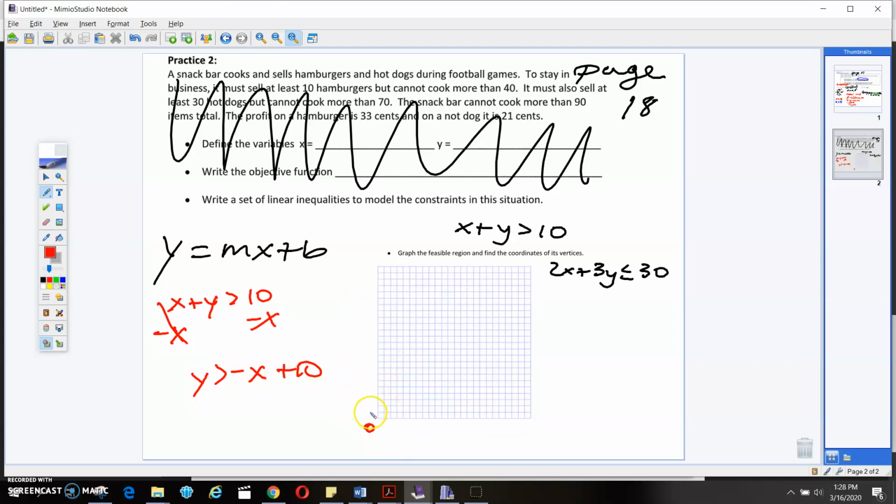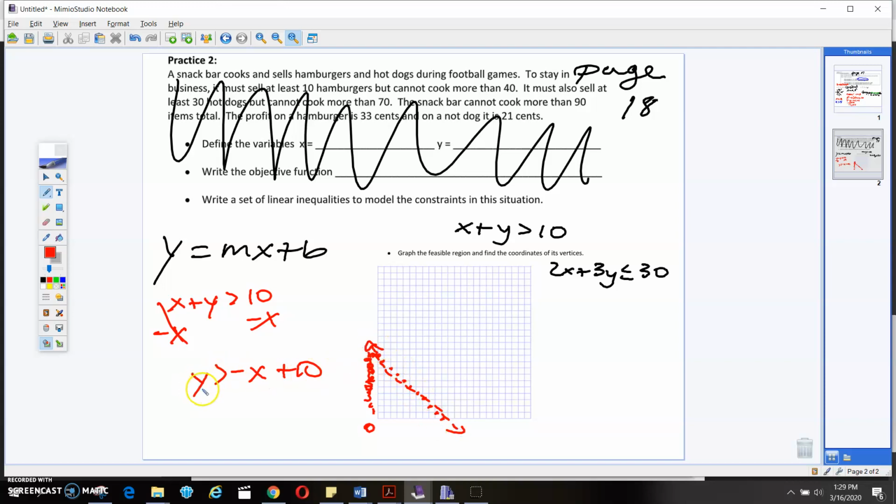If I graph this, I go all the way up to 10, and then I go down 1, right 1, down 1, right 1, and keep doing that until I get all the way over here. And it's going to be a dashed line.